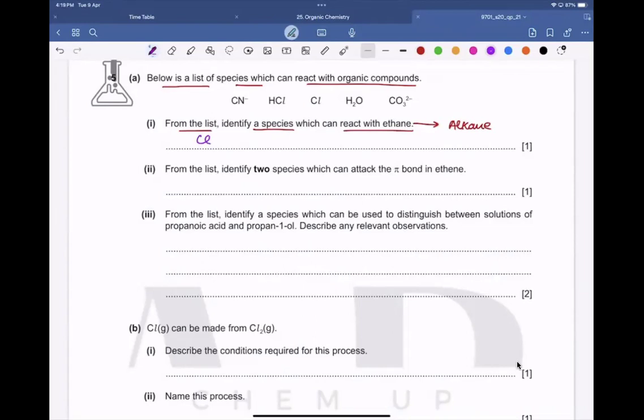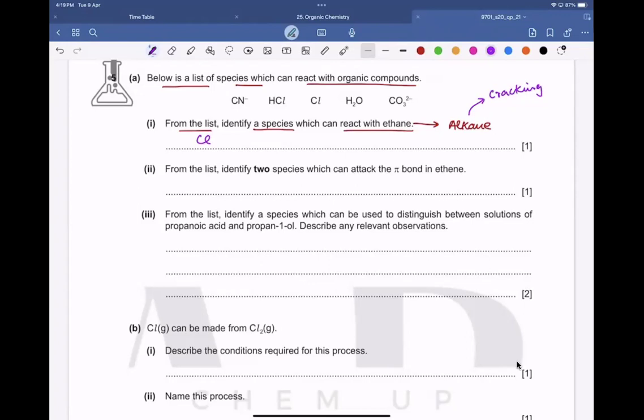No, HCl. How would HCl react with alkane? If you recall, alkane would undergo three reactions. Cracking. For cracking, it doesn't need any reagent. It does not react with anything. Instead, it would do substitution, right? In substitution, Jaslan, if you recall, HCl is formed. It reacts with the halogens, right?